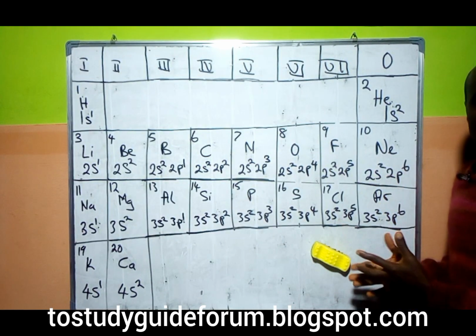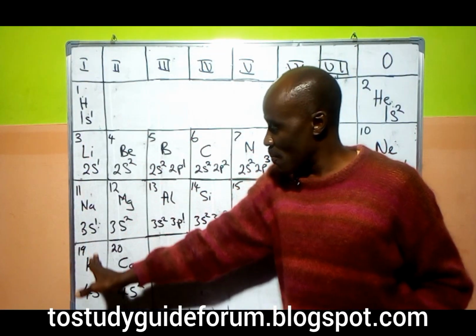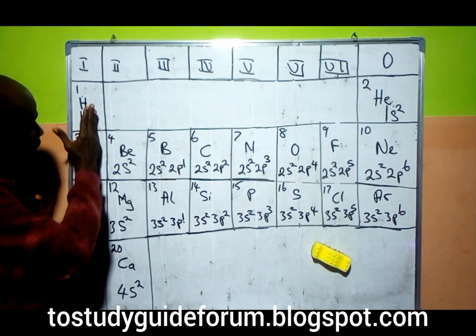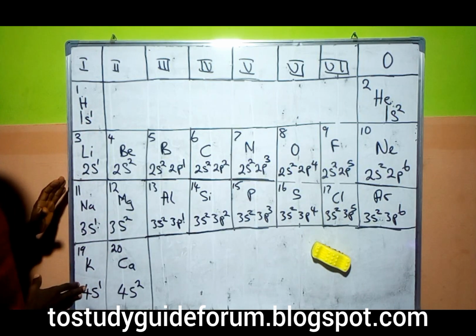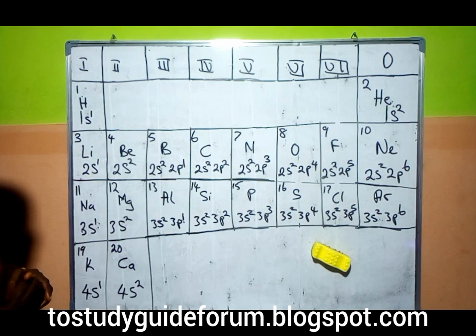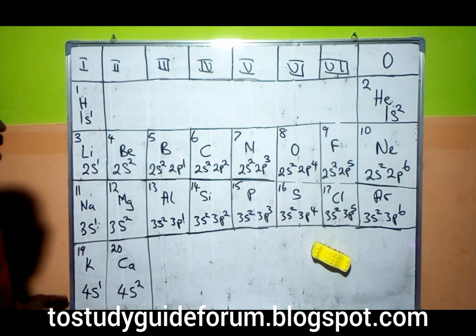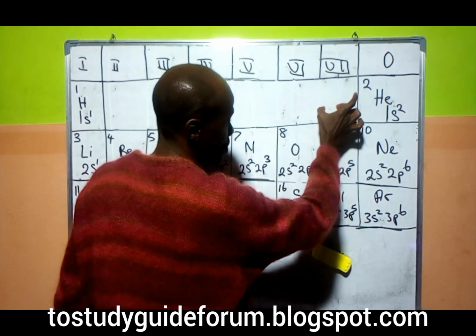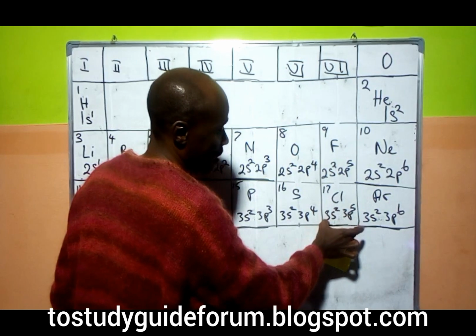These are some of the things we are going to be looking at in our next class. And down the group for the metallic elements, the reactivity tends to what? Increase. There is an increase in reactivity, while in the non-metal zone, down the group there is a decrease in reactivity.